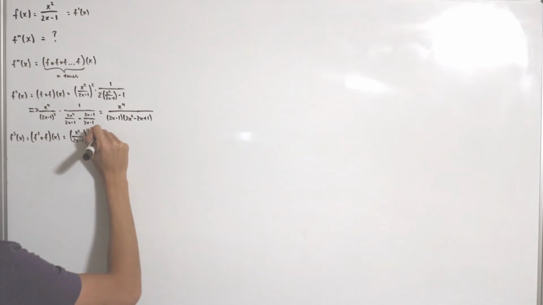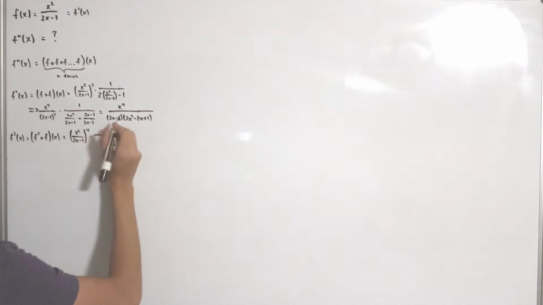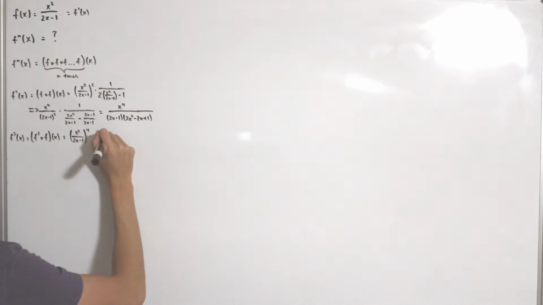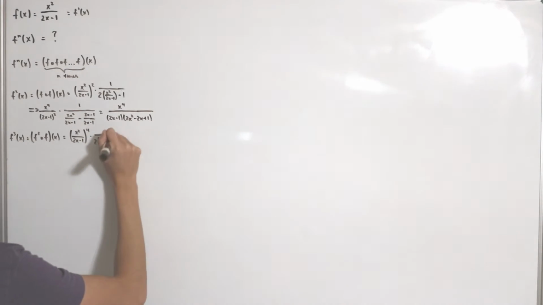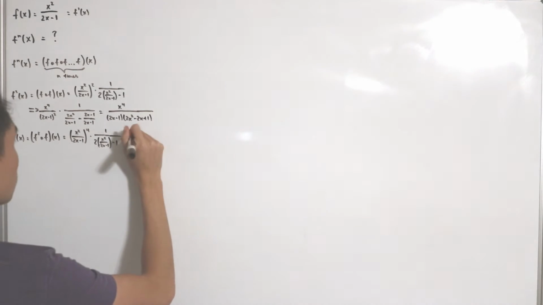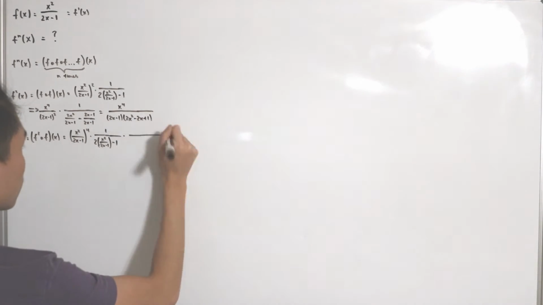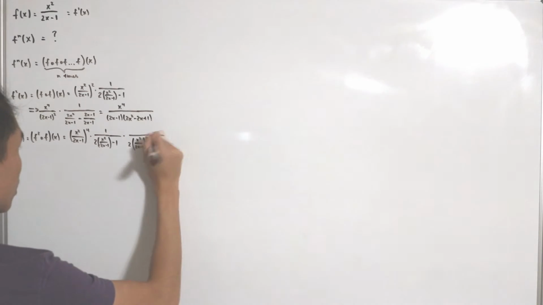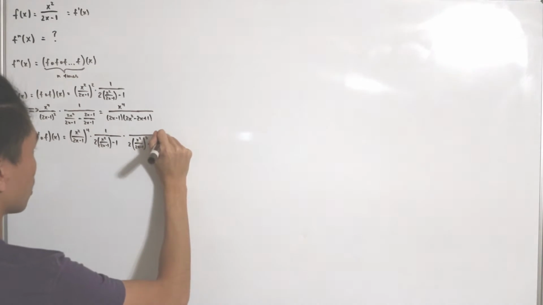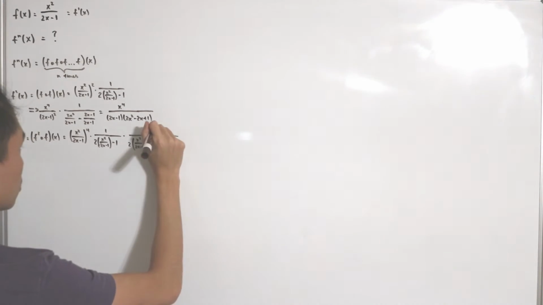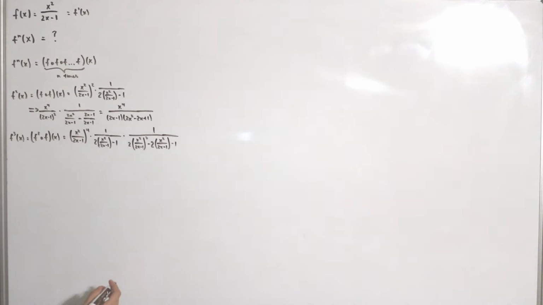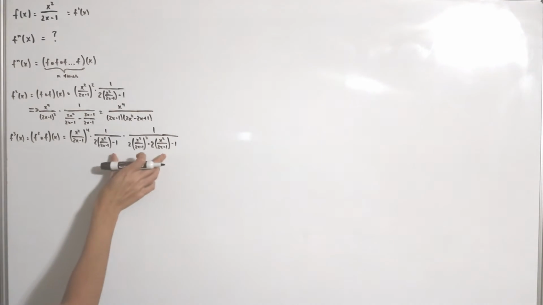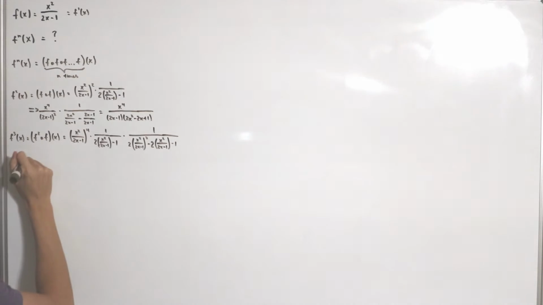So this means 2 times x squared divided by 2x minus 1 times 1, then multiplied by 2x squared divided by 2x minus 1 squared minus 2 times x squared divided by 2x minus 1, then minus 1. Now let's simplify this out, and with this step I'm going to find a common denominator.